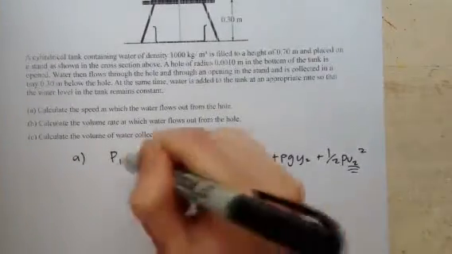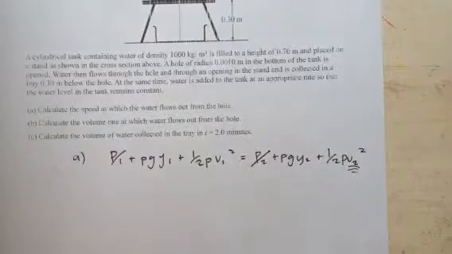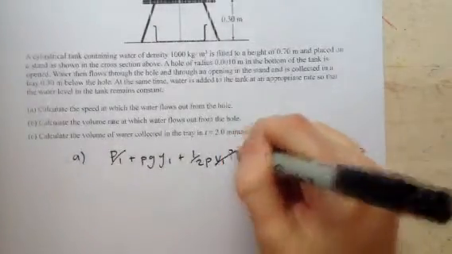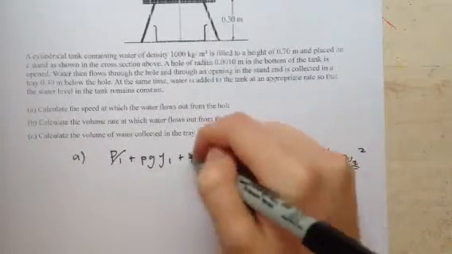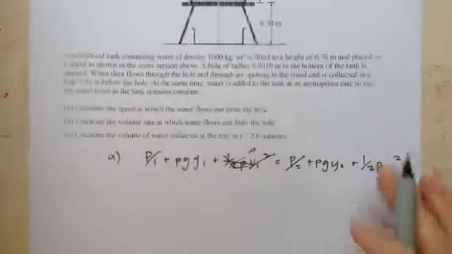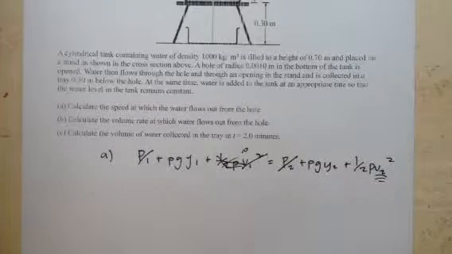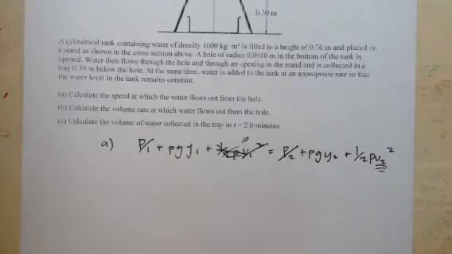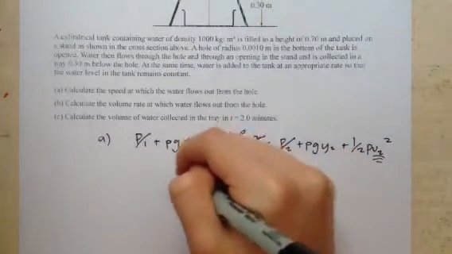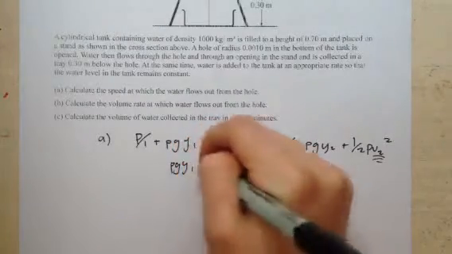So there are some things we can cancel out. The pressure we can cancel out because it is atmospheric pressure, so they're the same thing. And we can also cancel out the velocity at point 1, because it is not moving. Okay, so now let's simplify.